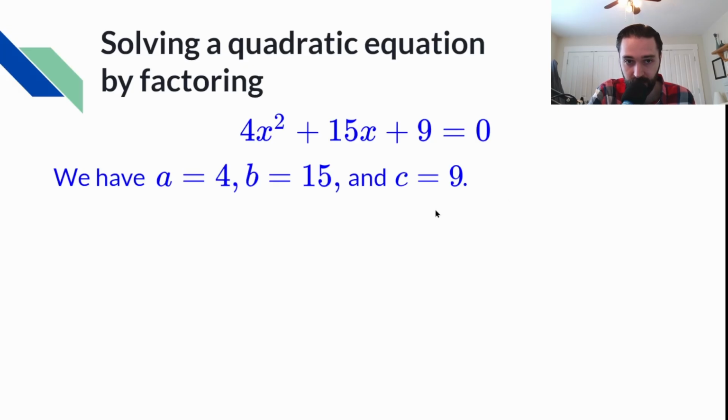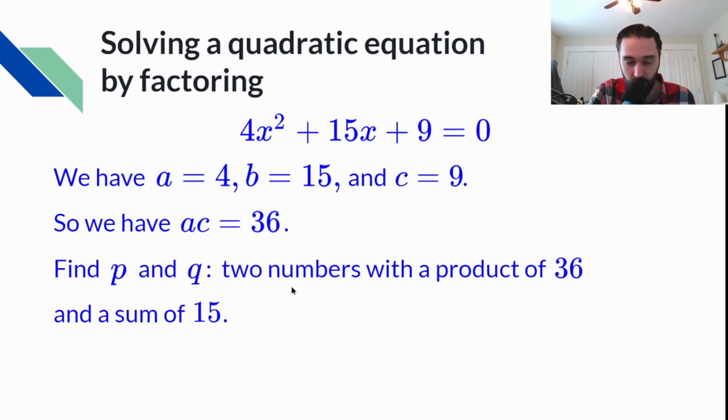In this case, we have a equals 4, b equals 15, and c equals 9. The product AC is 9 times 4, so that's 36. So we need to find p and q: two numbers with a product of 36 and a sum of 15. This is the AC method.